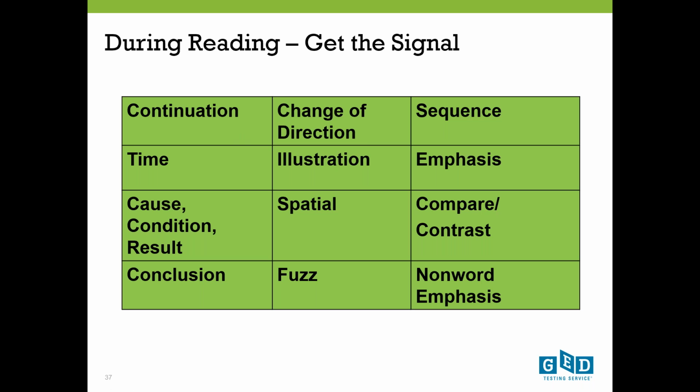However, can I do things in sequence and time? Students should be aware of the different types of signal words. And when they go to write, we don't call it signal, we call it transition. So if they're used to doing this, then they'll begin to use those words in their own writing itself.